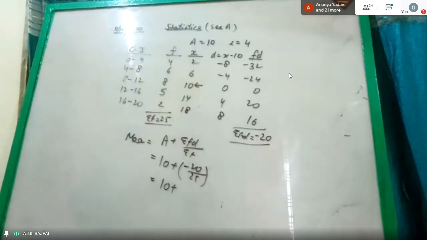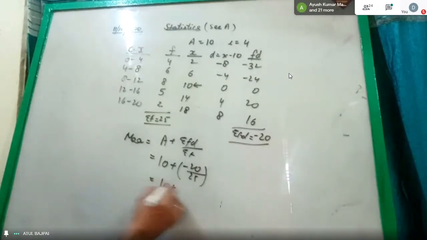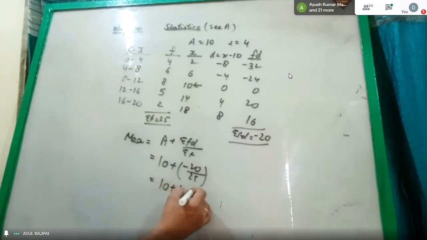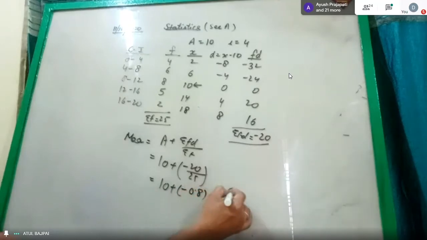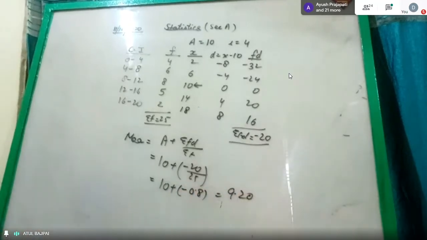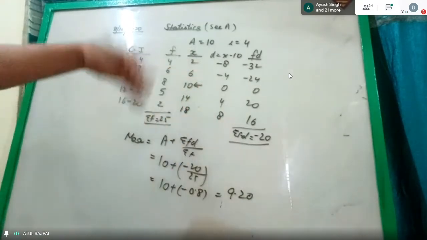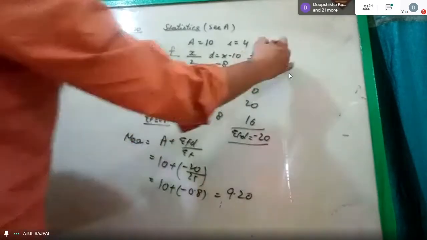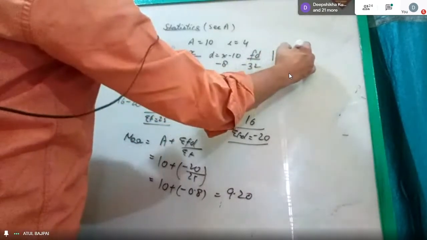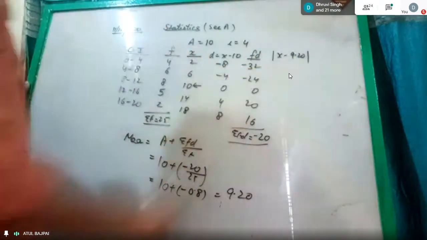Is it correct? Do it fast. 9.2. The final mean is 9.2. Till here is clear. Now this d was for this part. The deviation is the modulus of x minus 9.20. Yes or no?